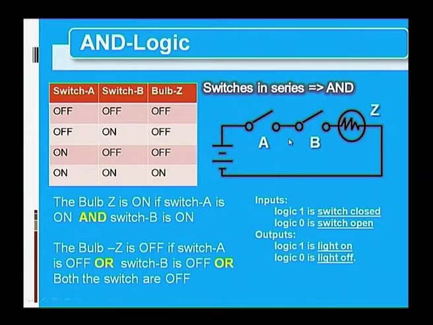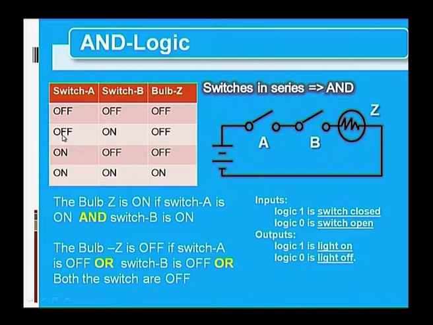Now, with reference to this circuit, we can clearly understand that if we close A, nothing happens, but if we keep A closed and we close B, then and only then will this bulb glow. So, from this table we find that if switch A is off and switch B is off, the bulb is off.